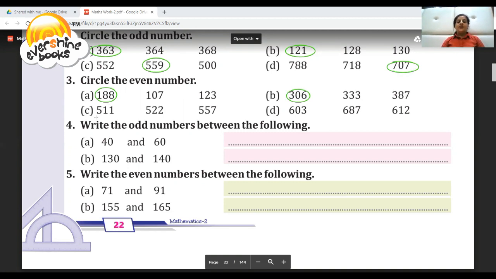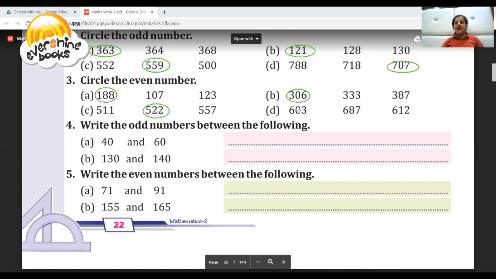Next is 511, 522 and 557. What is odd here? 1, 2 or 7? 1 is odd, 7 is odd. What is even then? 522 is even.